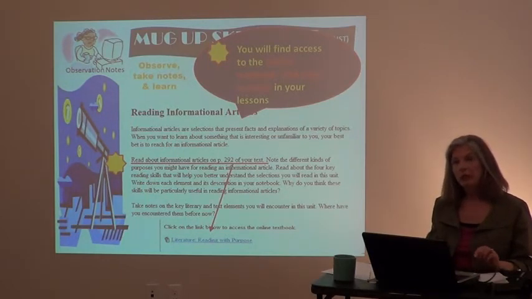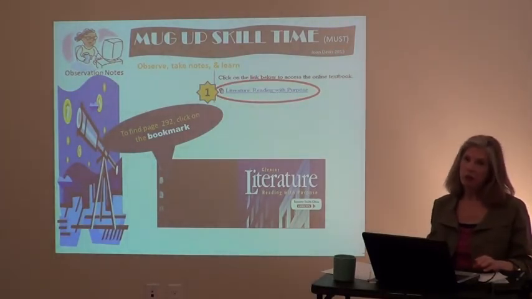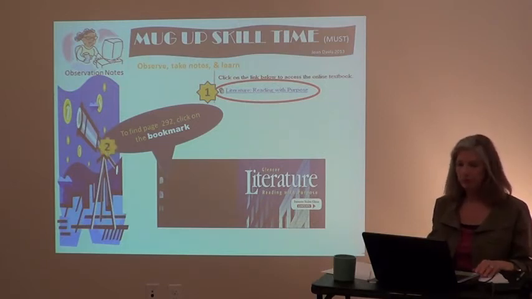Then note the link to your text follows that information. Okay, first, click on your literature book. It's going to take a few minutes for it to load, so be patient. The next thing you're going to need to do is look at your menu on the left-hand side. You need to locate the bookmark and click on that.